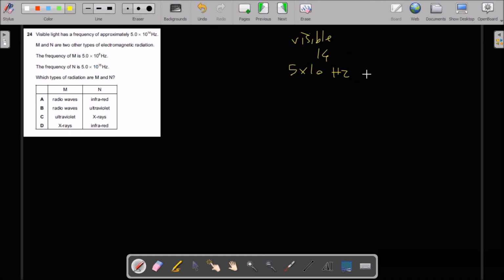So after and before visible light, there are two frequencies which are given. One of them is 5 times 10 to the power 15. It is very close to visible light, so you can guess what it is. And another one will be 5 times 10 to the power of 6 Hertz.